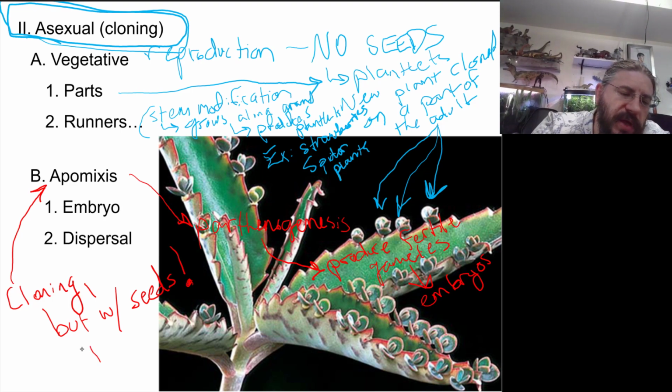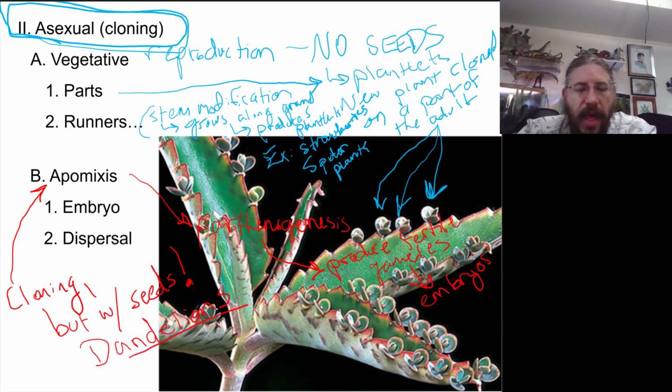Dandelions are big on apomictic reproduction. The big advantage of apomixis here, you're not getting any advantages in genetic diversity over vegetative cloning, right? There's nothing particularly helpful here. It's still just producing an embryo that's identical to the parent.